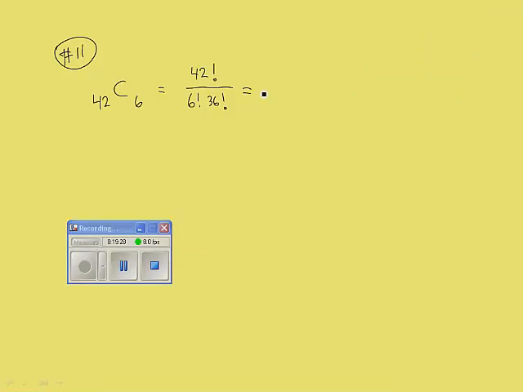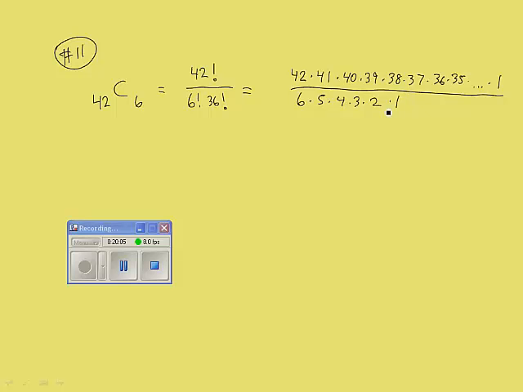Now, by the way, I want to show you a cool thing you can do without the calculator. Watch this. What does 42 factorial mean? 42 times 41 times 40 times 39 times 38. Do you really think I'm going to write all this out? I'm starting to, aren't I? And then I'll go dot, dot, dot, all the way down to 1. Yeah, Jeff sees what I'm talking about. If I were to write 6 factorial, what does that mean? 6 times 5. See, I don't mind writing that one out. Right?